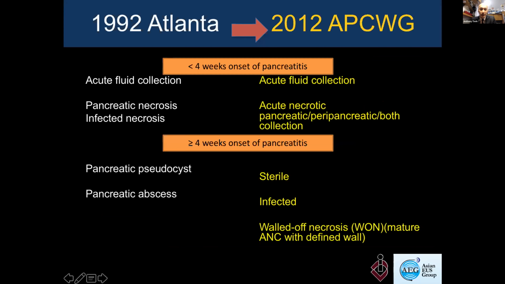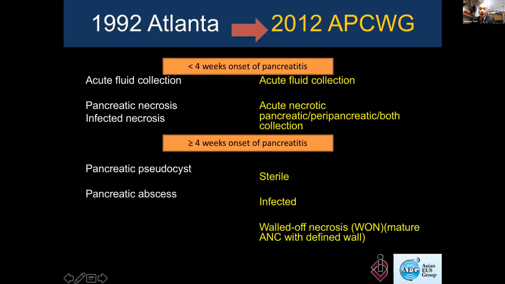One thing that we need to be aware of is the kind of collection that we are treating. According to the acute pancreatitis working group, in patients with less than 4 weeks onset of pancreatitis, if there are fluid collections or necrosis, they are termed acute fluid collection and acute necrotic collection. Only after 4 weeks can these collections be termed a pseudocyst, or sterile or infected walled-off necrosis.